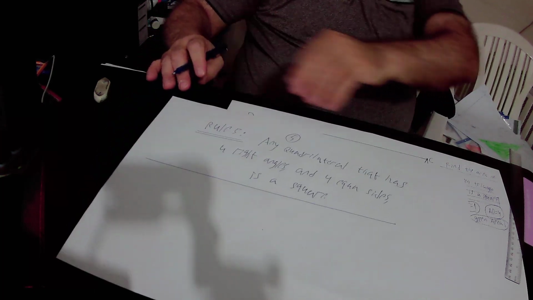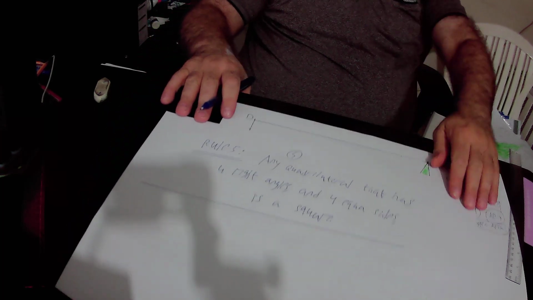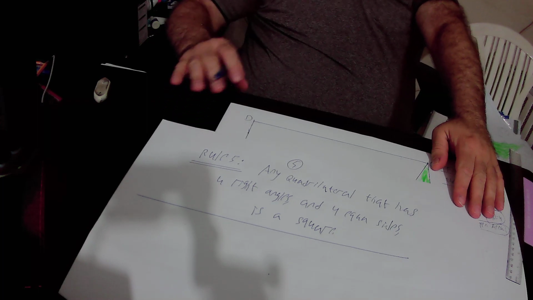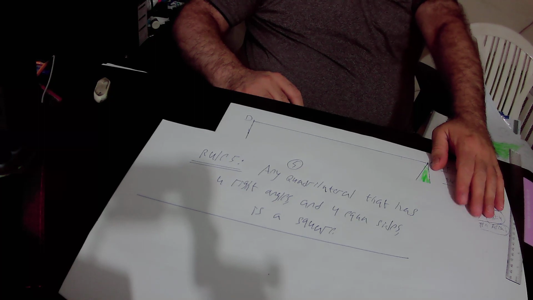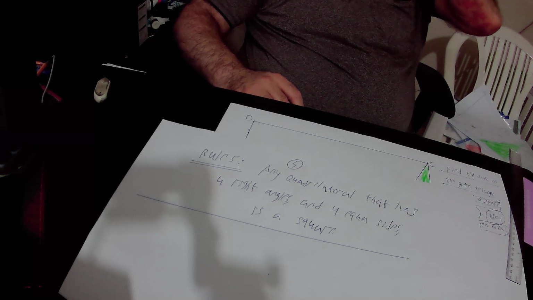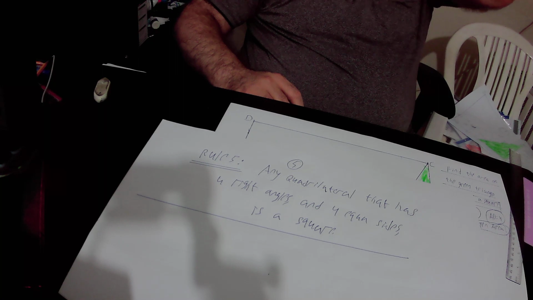So I will read rule number 5 again. Rule number 5 states that any quadrilateral that has 4 right angles and 4 equal sides is a rectangle.